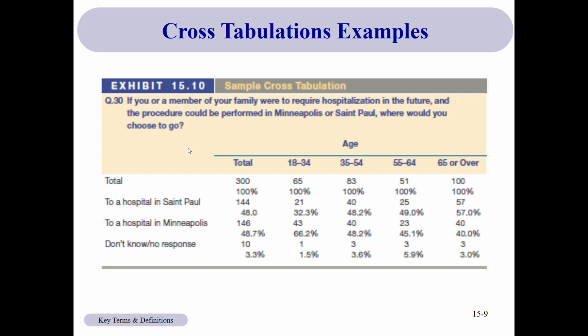If you just look at the total of 300 respondents, 144, or 48%, say a hospital in St. Paul, 146, or 48.7%, say a hospital in Minneapolis, and 10 respondents, or 3.3%, say they don't know or have no response.